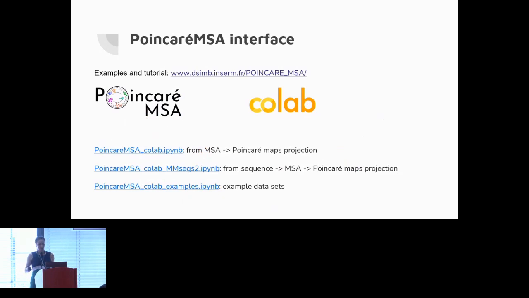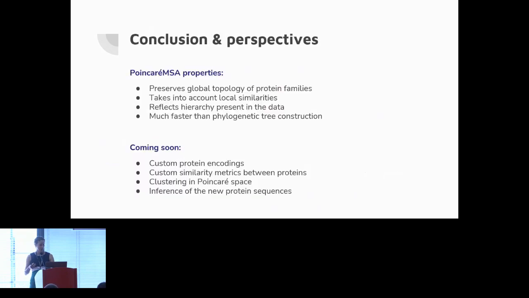And all that you can do using the nice Colab notebooks, which either take your MSA directly or the sequence that you love, which will pass by MMseqs and will build the family for you and point you where your sequence is in the projection, or you can download the examples.